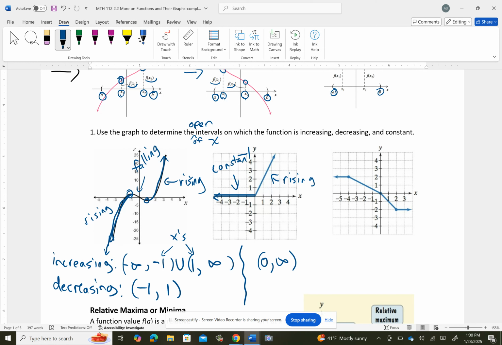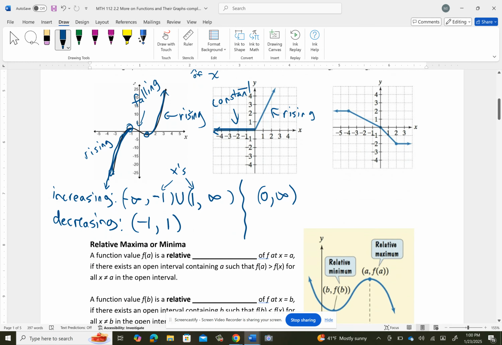For decreasing, there isn't any. And for constant, we didn't have any in the first case. So here, no decreasing. Here, no constant. For constant, it would be from -infinity until I hit the origin, which is a 0.